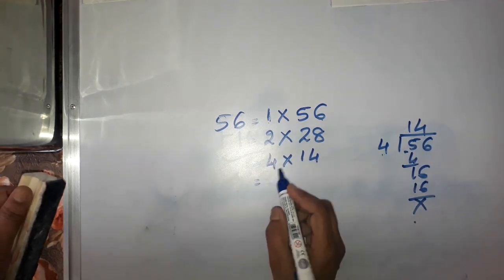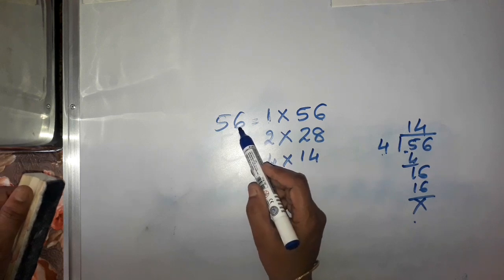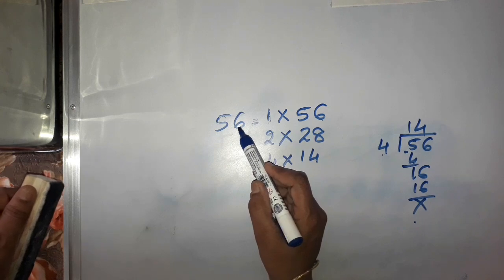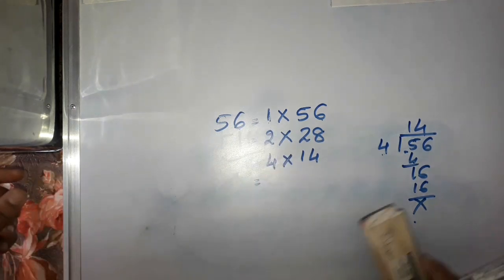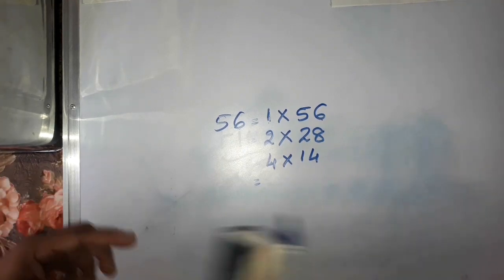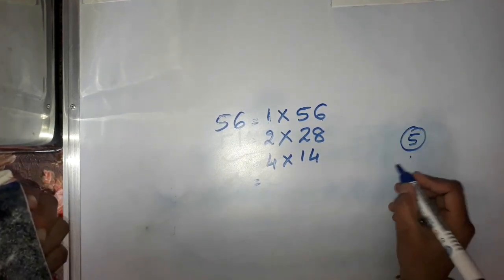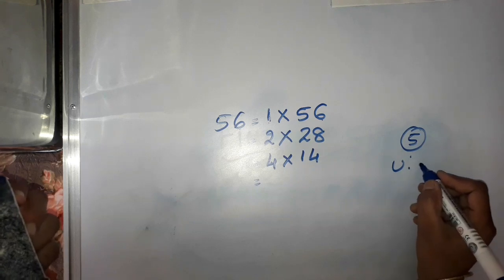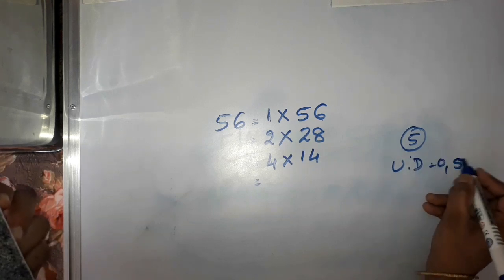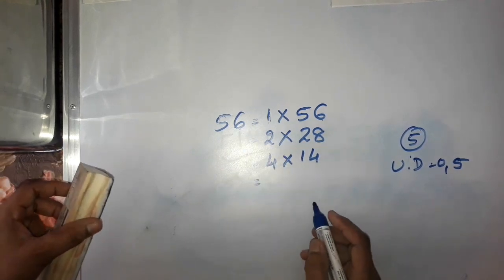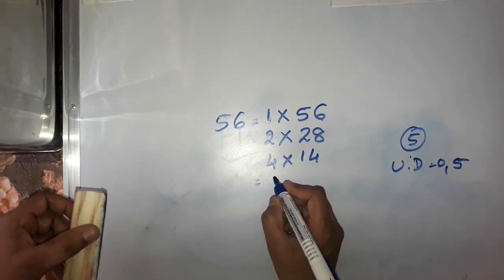Now 5, you have to think whether the number is divisible by 5. As the unit digit is 6, it's not divisible by 5, because you know that a number is divisible by 5 when the unit's place or one's place is 0 or 5. So here it's not the case, so 5 is not a factor. Let's think of 6.